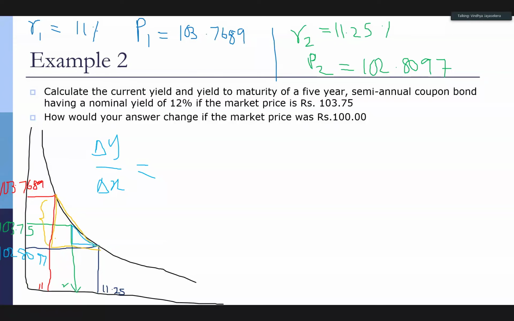The change in y is 103.7689 minus 102.8097, divided by 103 is represented by 11%, 102 is represented by 11.25%, equals, for this small triangle, 103.75 minus 102.8097.